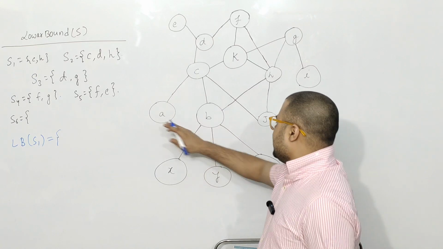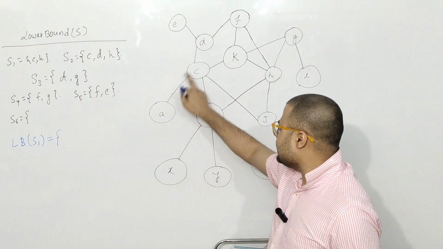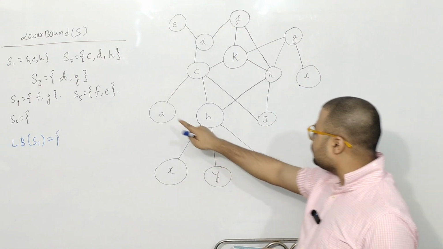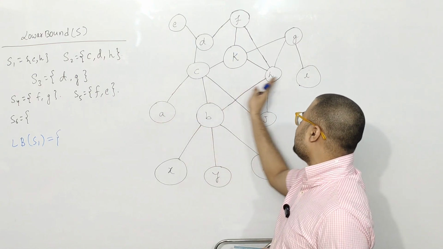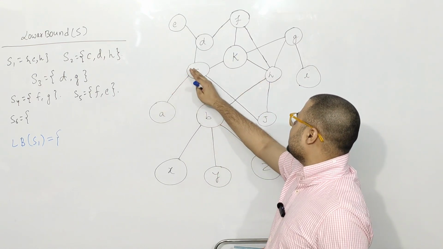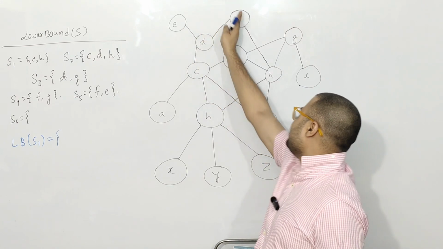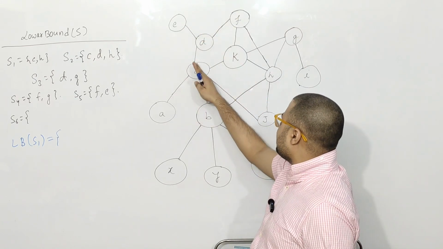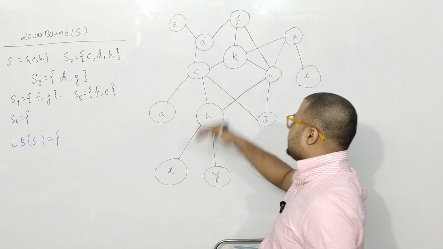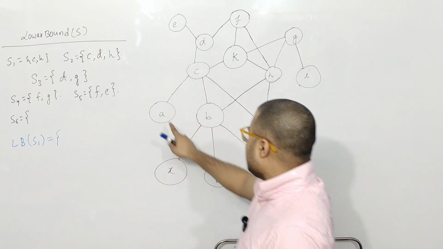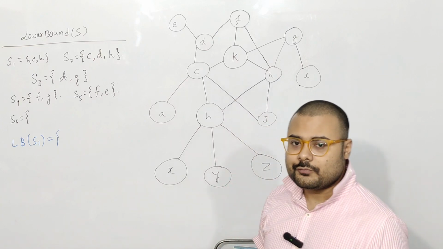A is related to C, but A is not related to H because there is no upward path. From A you can go to C, then to D, and from there F, and then you have to descend. Similarly, from C you can go to K, but then you have to descend. There is no upward path from A to H, so A is not related to H. A cannot be a point of meet.